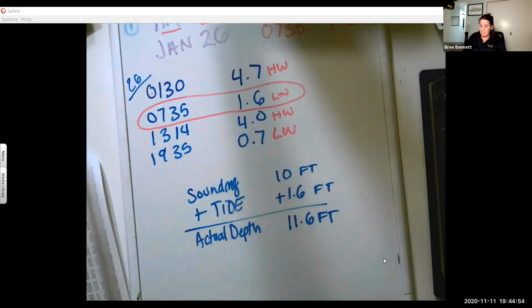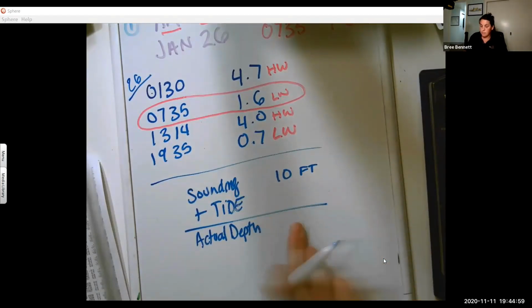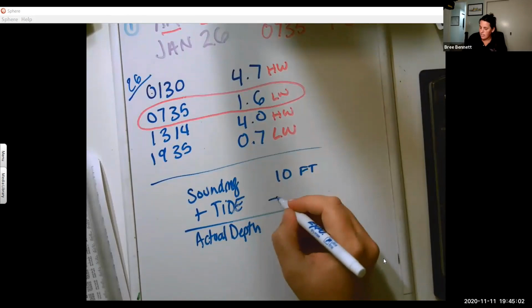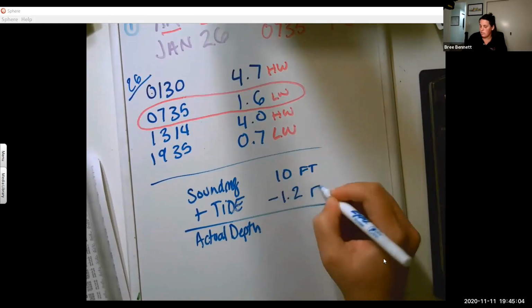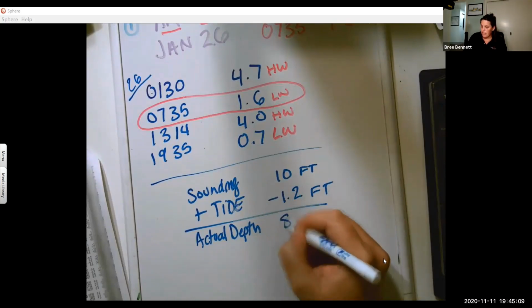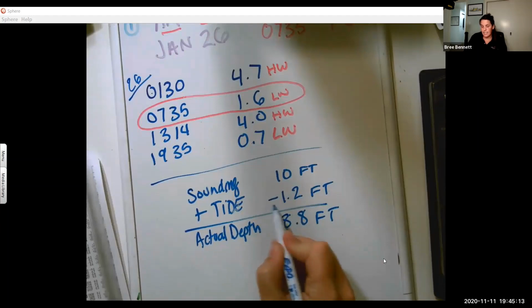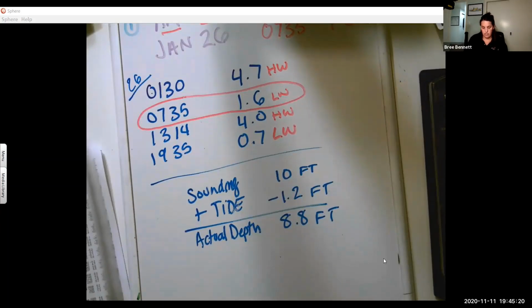So as an example, if we're in the same spot, but our tide was negative 1.2, my actual depth would be 8.8 feet because that tide is a negative number. That makes sense? Okay.